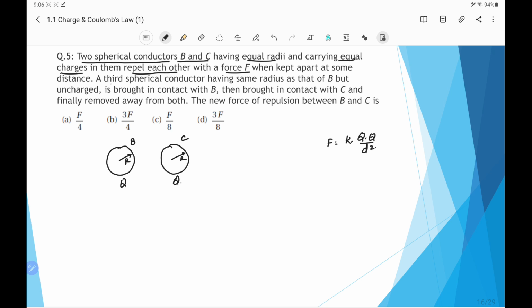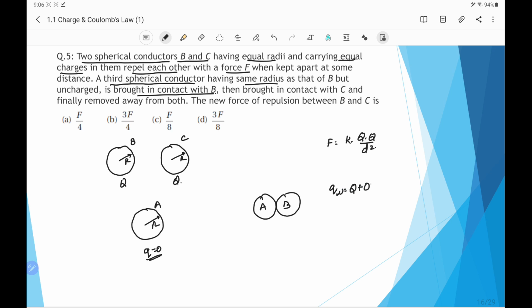Now, a third spherical conductor, say A, which has the same radius R as per the question, but having the charge 0, is brought in contact with B. If we make a contact of A with B, then if we write the total charge initially, it is Q on B plus 0 on A, which is equal to Q. And this charge will be equally distributed between A and B because they are of the same radius.